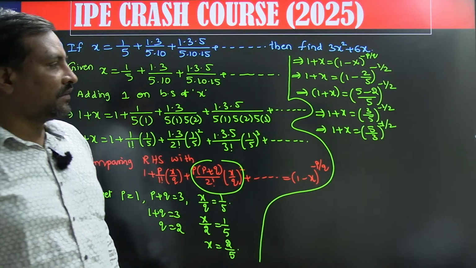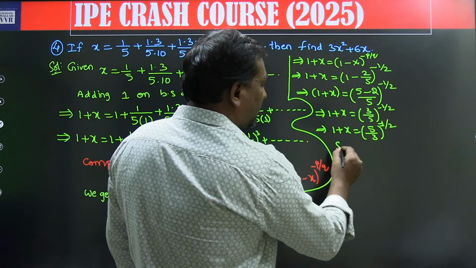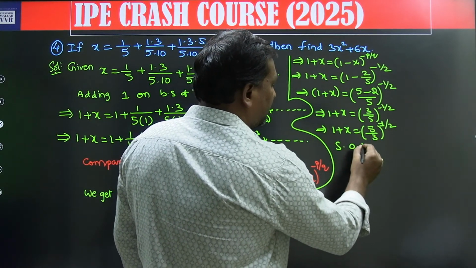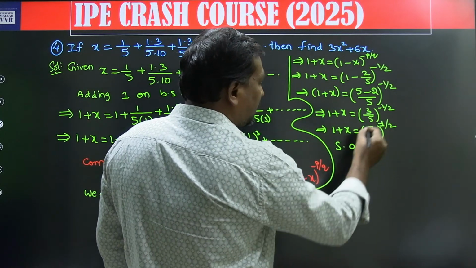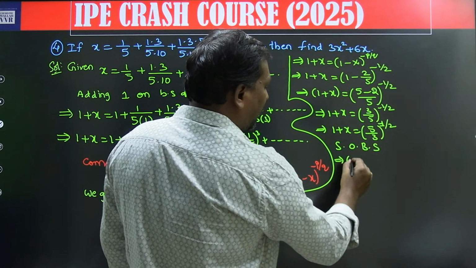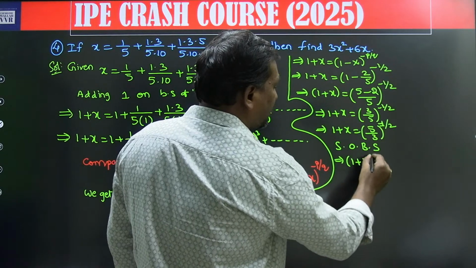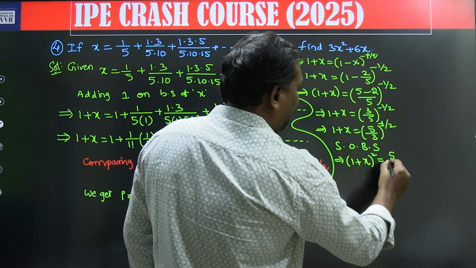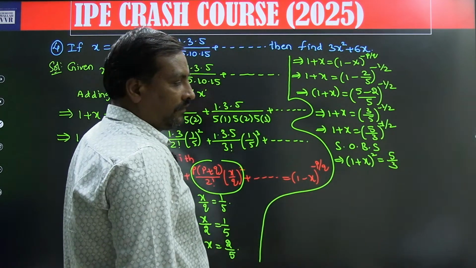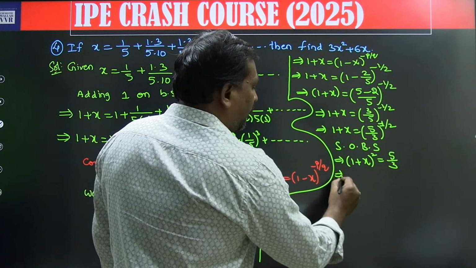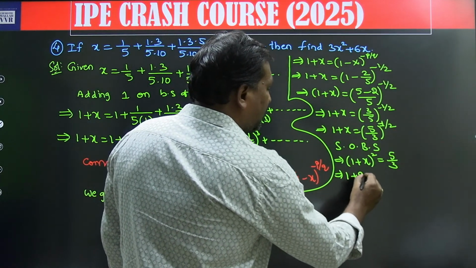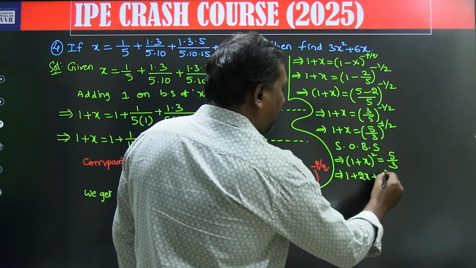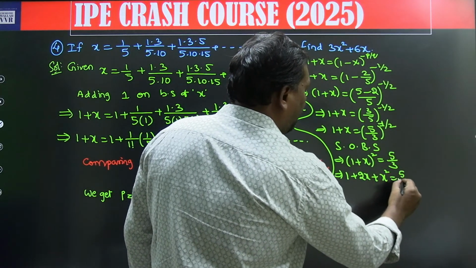Squaring on both sides, the reciprocal will be cancelled. It is directly (1 plus x) whole square is equal to 5/3. So 1 plus 2x plus x square is equal to 5/3.